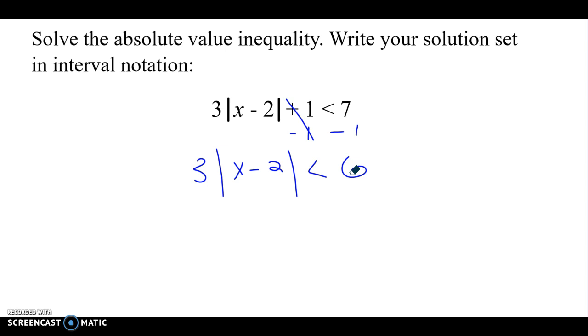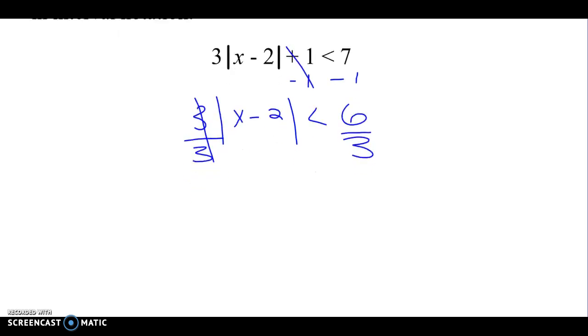So 7 minus 1 is 6. I'll give you a second to write it down. Now, do I want to distribute the 3 through the absolute value? No, that's doing the multiplication. We want to undo the 3 to get it out of the way. So how do I undo 3 times the absolute value? Good, divide. No different than last night so far. This is all the same.